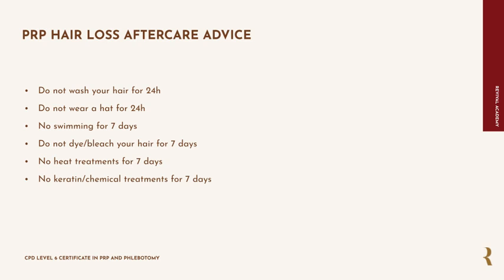One of the main ones is that they cannot wash their hair for 24 hours. The reason is that you've delivered a lot of plasma to stimulate the hair follicles, and by washing their hair, they might end up washing off a lot of that really good plasma. So you do want it to be on the hair for as long as possible.